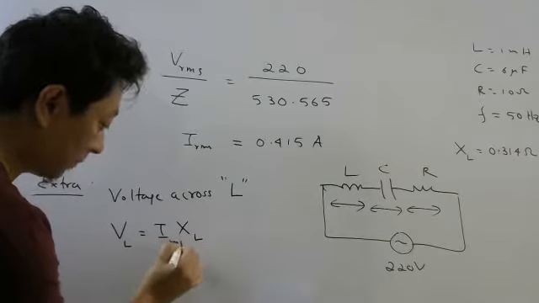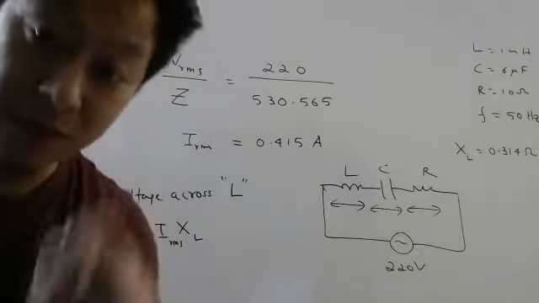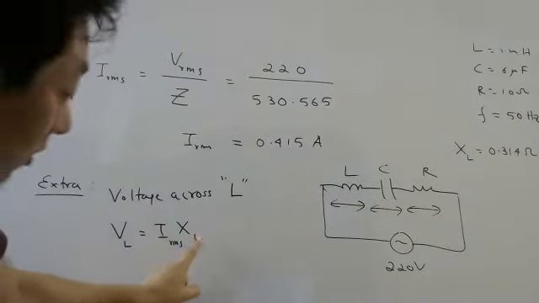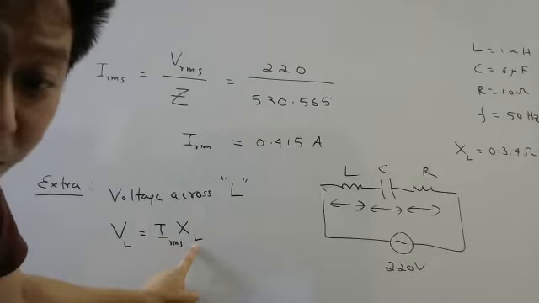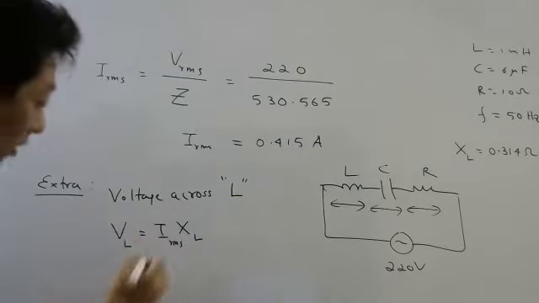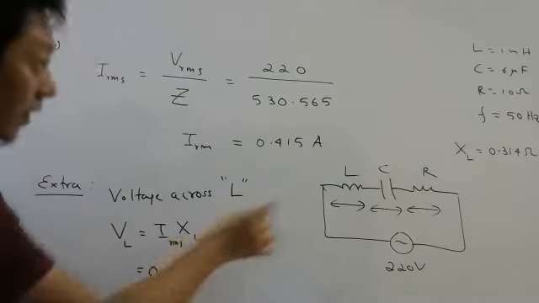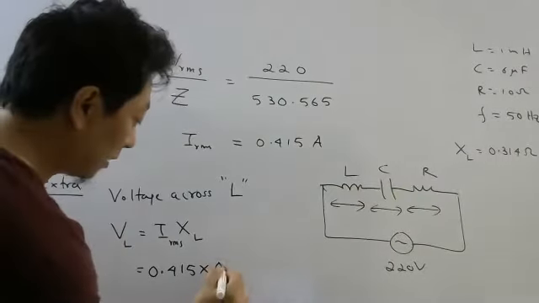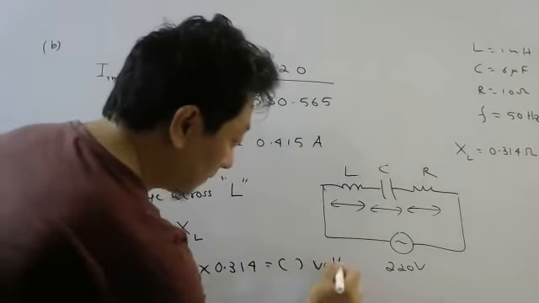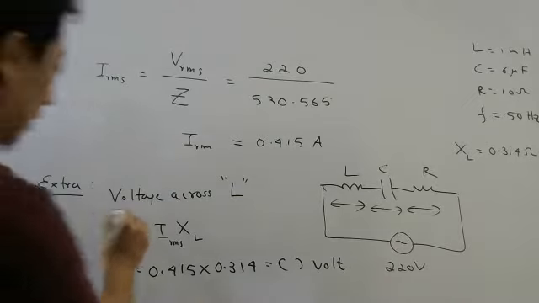Since they just told you voltage, it means RMS, so you multiply current with resistance, and for an inductor that is XL. These quantities we have already calculated: 0.415 into XL, 0.314. So you get something in volts. Like that they can ask you the voltage across the inductor.